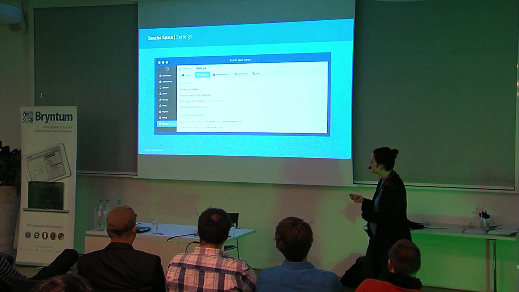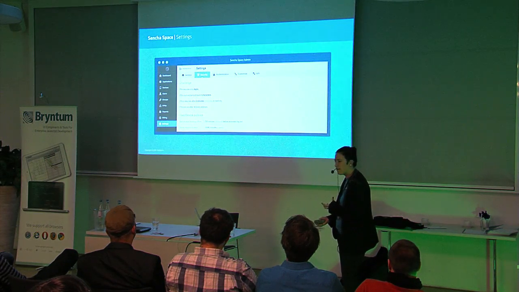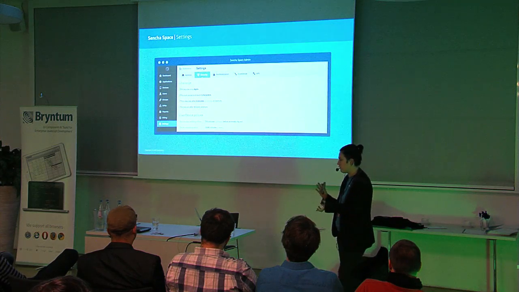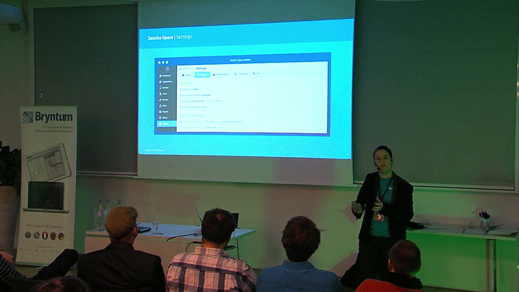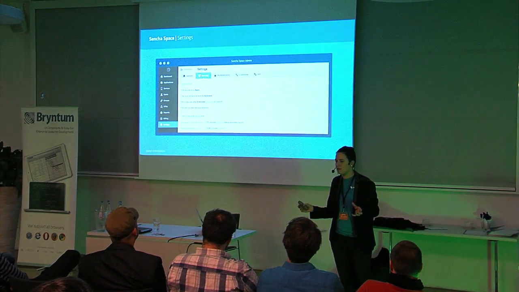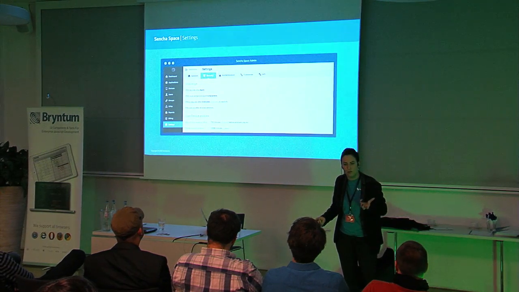There's something else. There is a settings panel, and in the settings panel, the administrator can create some authorization rules. For example, imagine that Carol is making use of the Sencha Space and she is inactive for a couple of minutes. Then you can set up rules so that it automatically logs out.